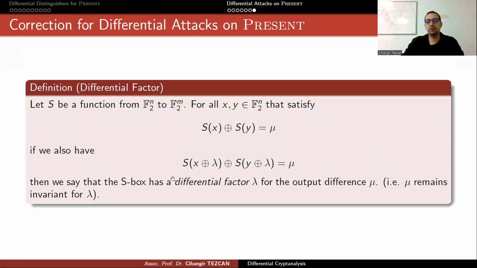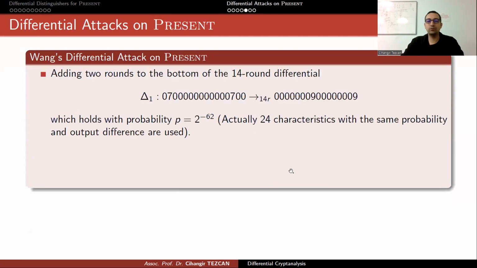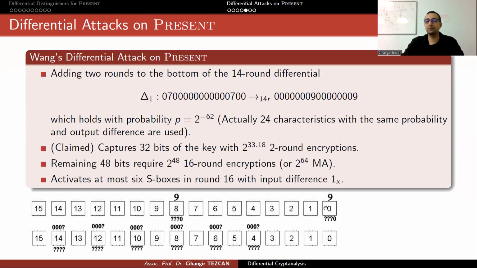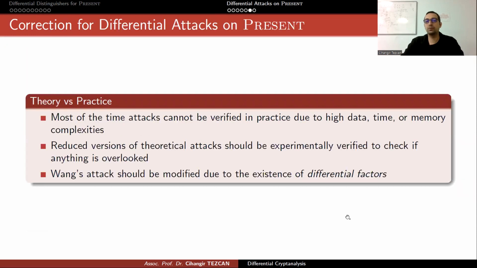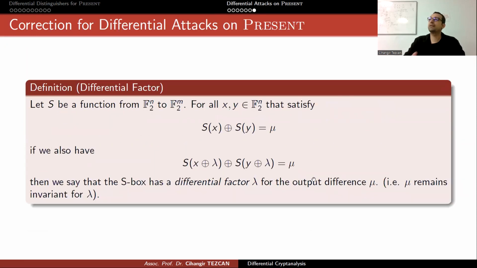Okay, because the PRESENT S-box has some differential factors, and just by chance it corresponds to some output difference mu, where that mu is used in these attacks. Okay, so if you use another characteristic, maybe the theory will match the practice because there will not be differential factors there. So for this reason, I strongly suggest everybody to verify every attack in practice.